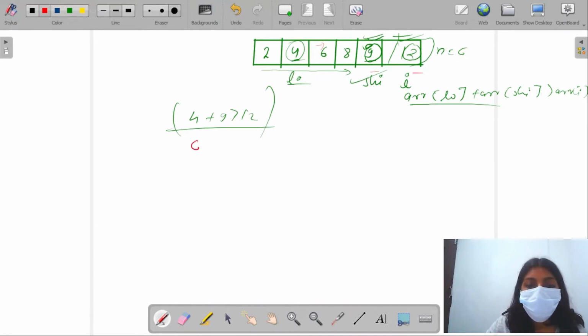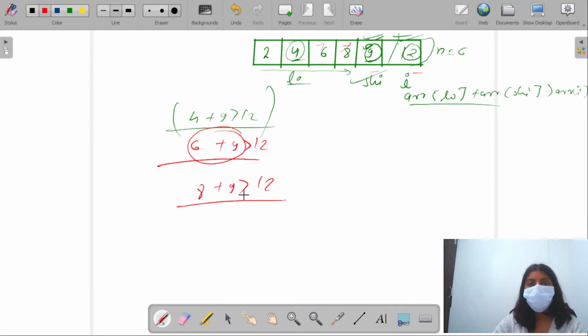So let's see here, 6 plus 9, this sum is going to be even greater, right? So this is definitely going to form a triangle. Now if I increase my low again, this is also going to form a greater sum than 12, right?